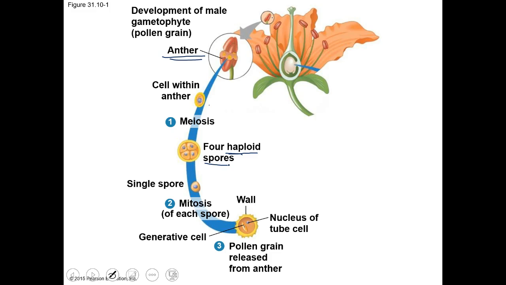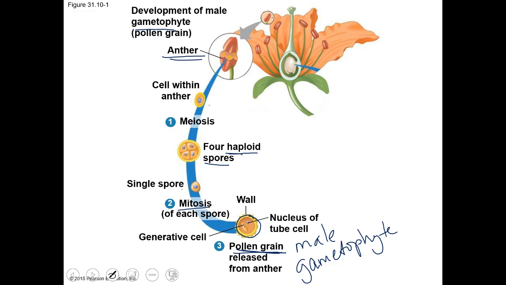One of those single spores will undergo mitosis, just not a whole ton of mitosis, and produce this teensy little pollen grain. Maybe it undergoes mitosis a couple of times and produces a pollen grain. Because remember, the pollen grain is our male gametophyte. It's our whole gametophyte plant, just in a teensy tiny little casing. So that's how we make our male gametophyte.